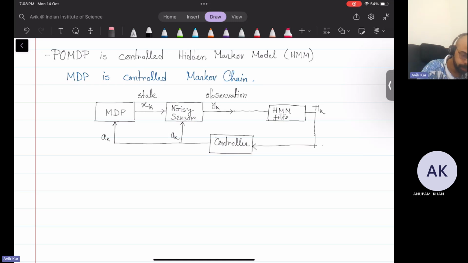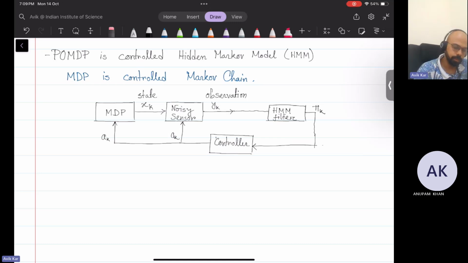What it does is, based on your current observation, state and action, it generates the belief state. This belief state is fed to the controller, and the controller chooses an action to play.